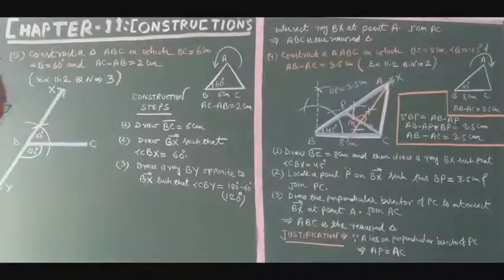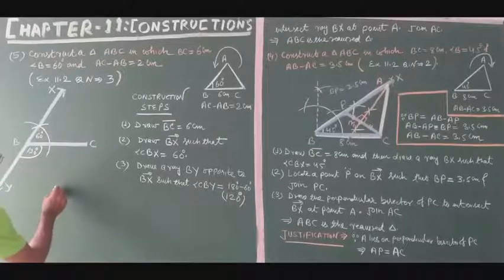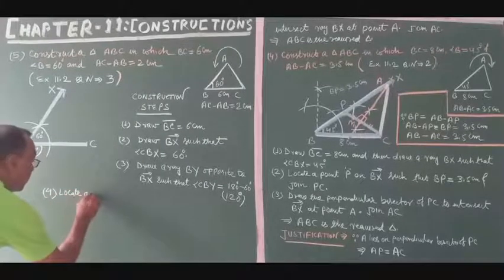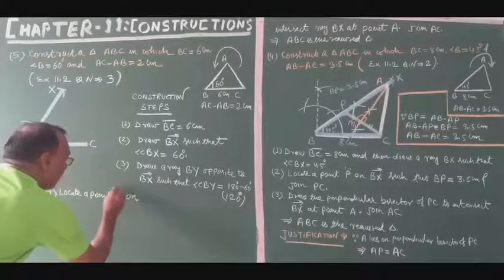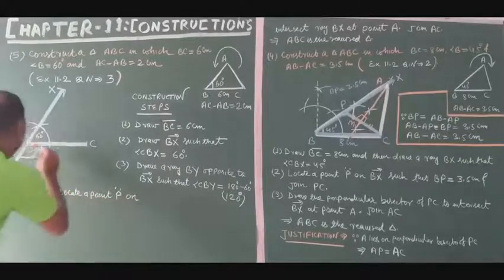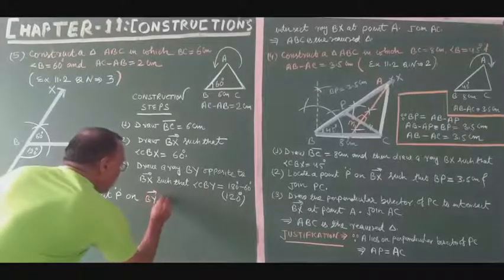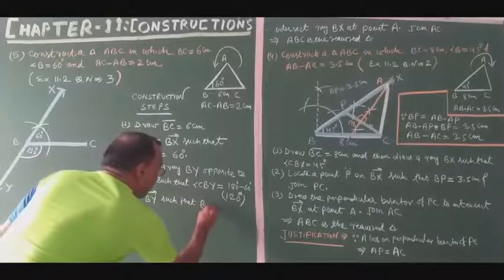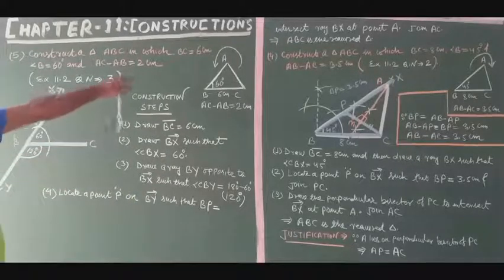Now in the next step, locate a point P on this downward ray BY such that BP is equal to this difference.